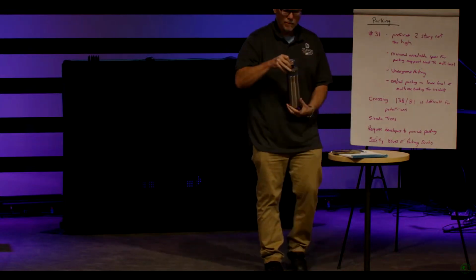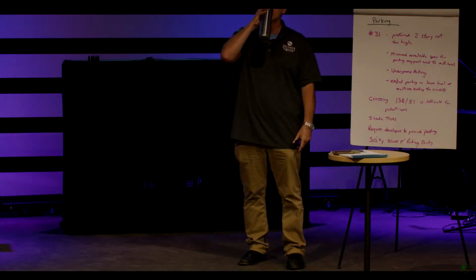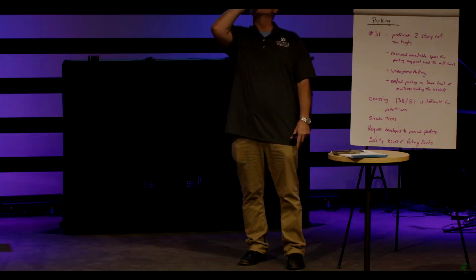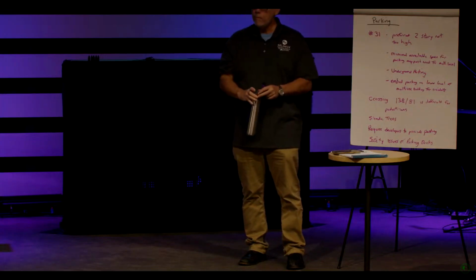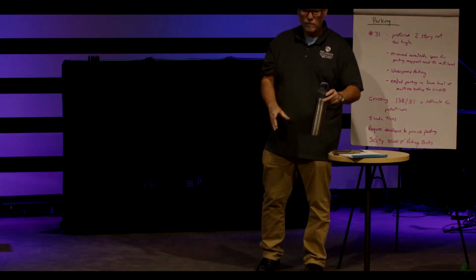So there's a printout version of this visual preference survey. It's a little bit different. Instead of putting sticky dots, you rank them 0, 3 to 5. These are available at City Hall and maybe at the library.